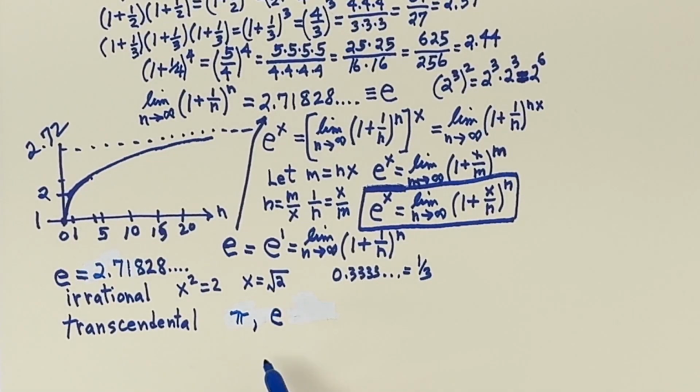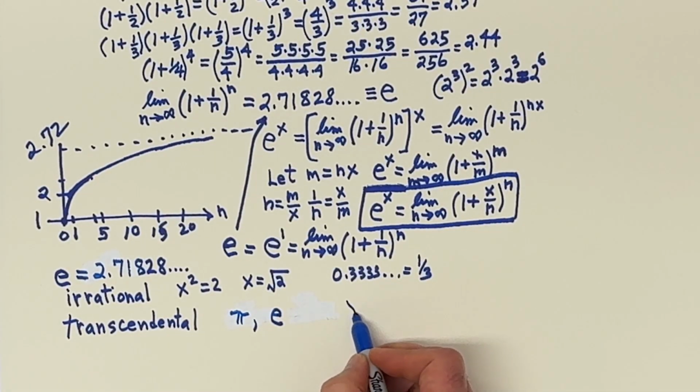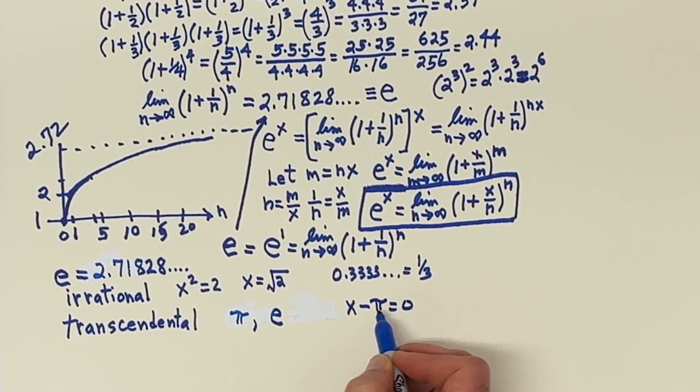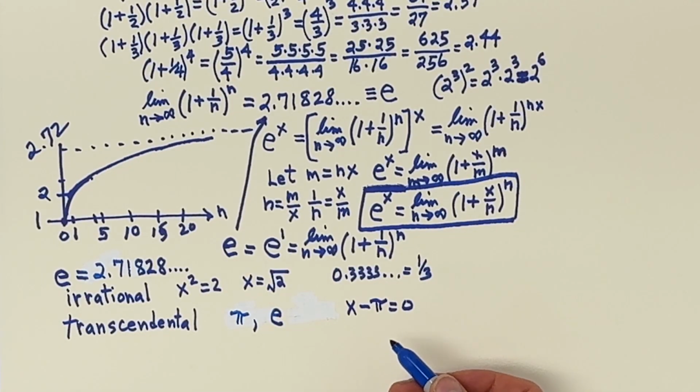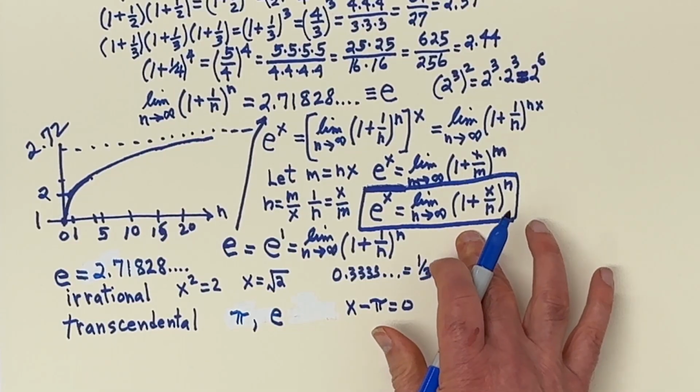So these are very special numbers. It's an irrational number that also cannot be expressed in terms of an integer polynomial. And you can't cheat by saying something like x minus pi is equal to 0, because that's not an integer polynomial. For an integer polynomial, you have to have a constant plus some constant times x plus another constant times x squared, and so on.